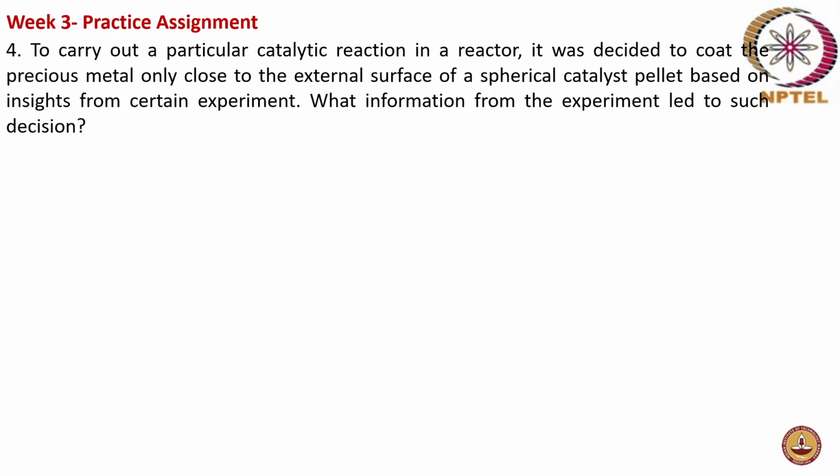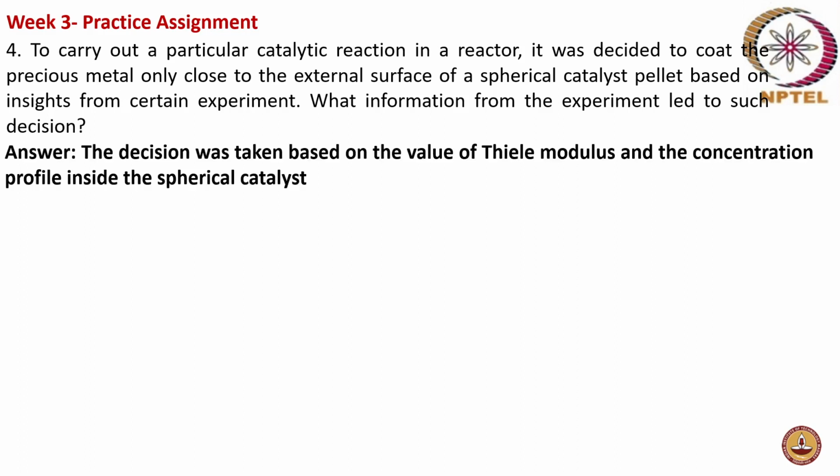So for that, the decision can be taken based on the concept of Thiele modulus and the concentration profile of the reactant species inside the spherical catalyst. As we discussed in the previous question, Thiele modulus gives the ratio of the surface reaction to the diffusion rate, right?